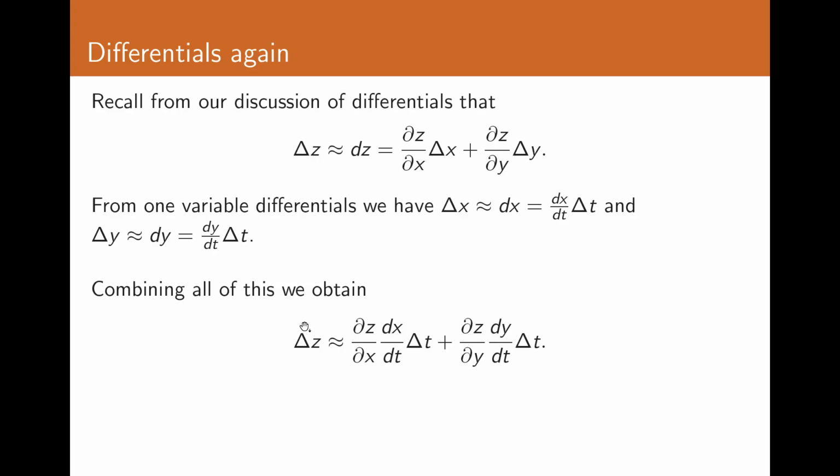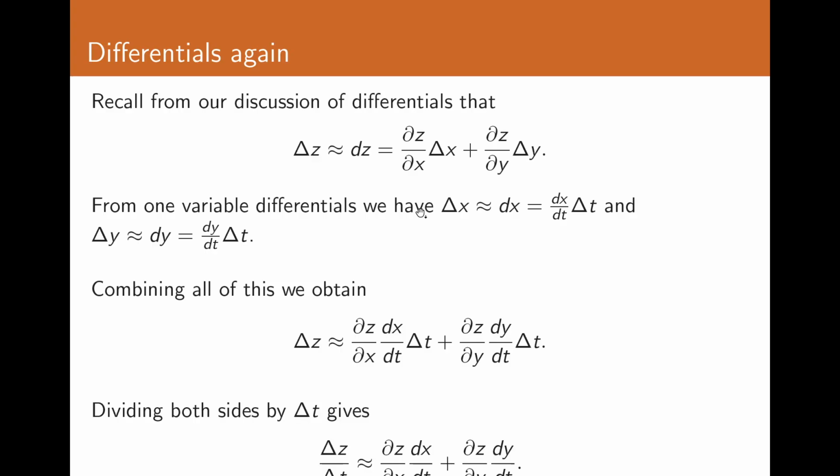So if we put these in, notice that now for delta z, we have the partial of z with respect to x, but now I replace this delta x with dx/dt times delta t to get this here. And similarly, we replace the delta y with dy/dt times delta t to get this part here. Now we can divide both sides by delta t, and we get delta z over delta t is approximately the partial derivative of z with respect to x times the derivative of x with respect to t, plus the partial derivative of z with respect to y times the derivative of y with respect to t.